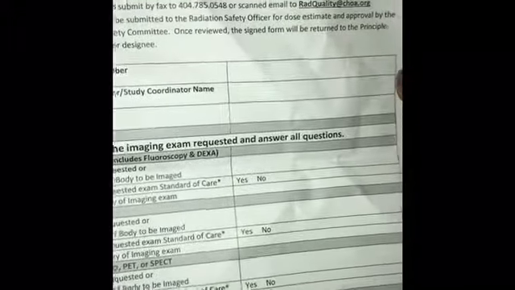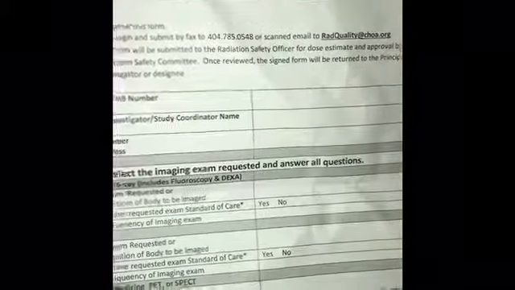I'm going to be showing you that in a second. So, the beginning says IRB application for medical imaging dose estimate from the radiology department.